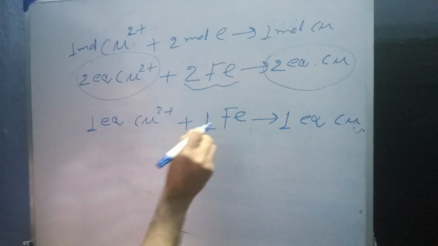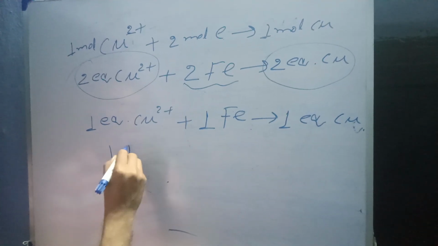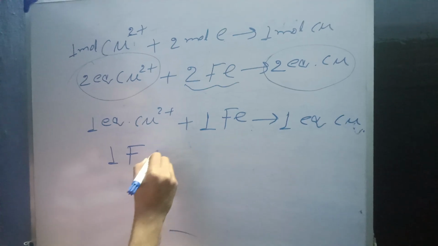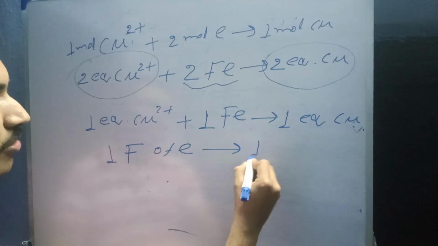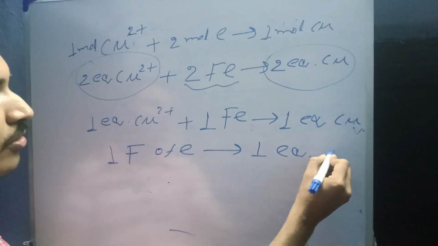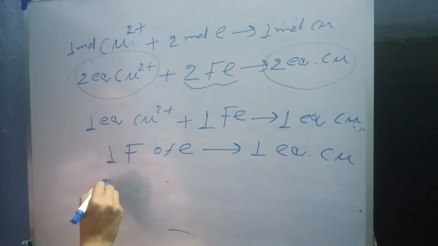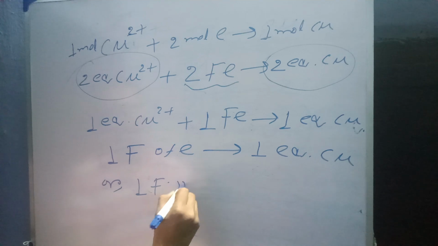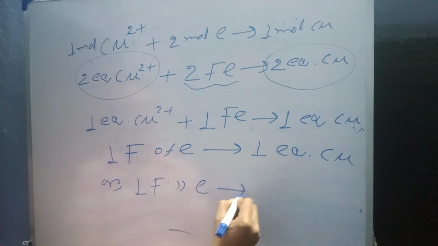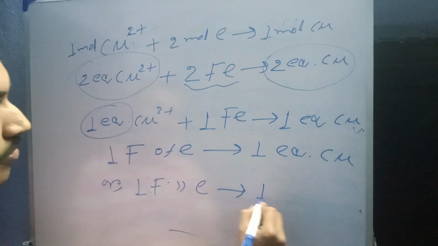Hence 1 Faraday of electrons produces 1 equivalent of copper, or 1 Faraday of electrons reduces 1 equivalent of Cu2 plus.